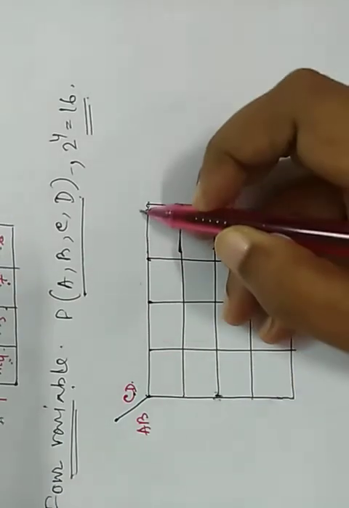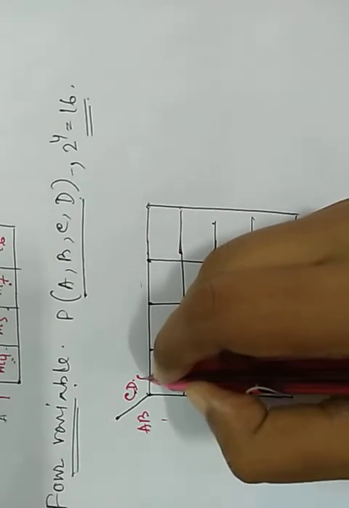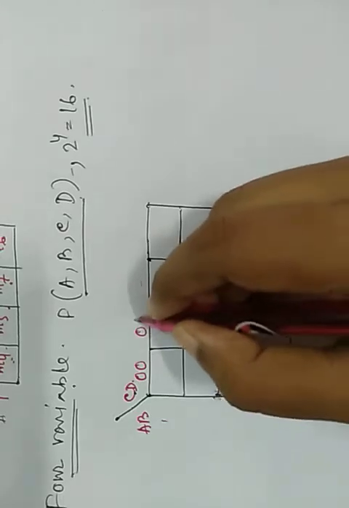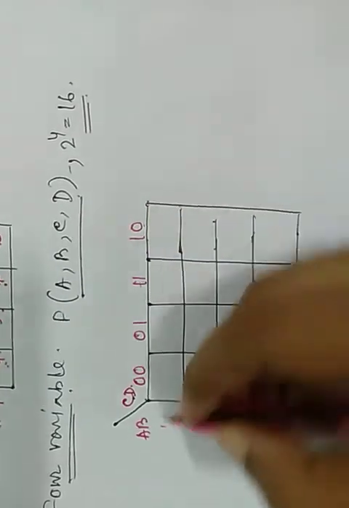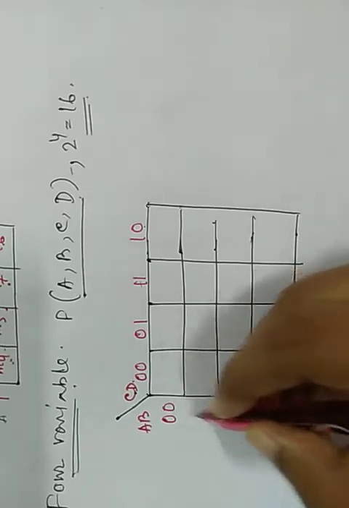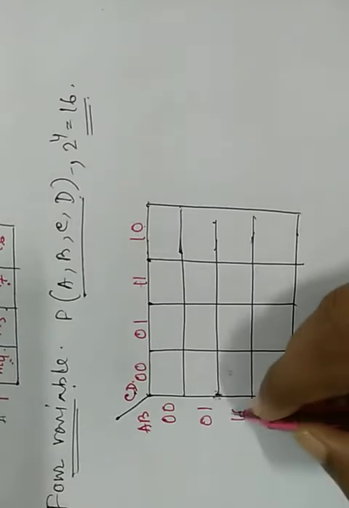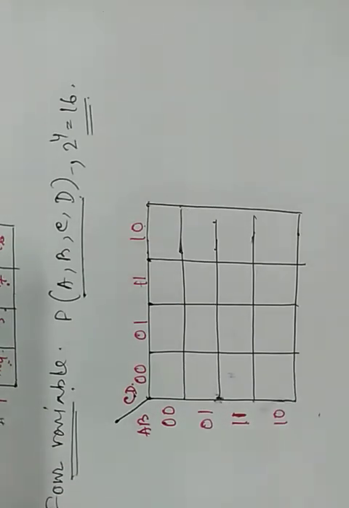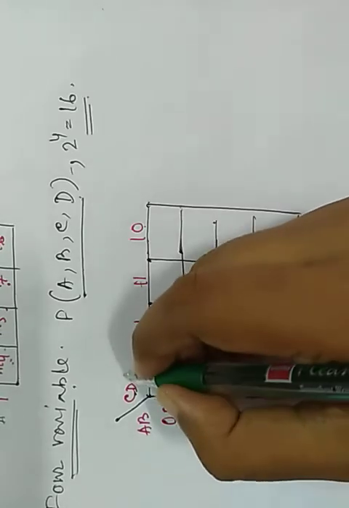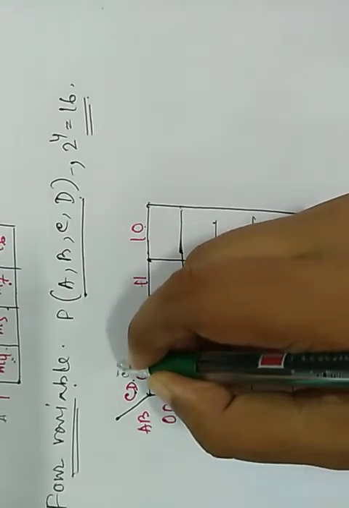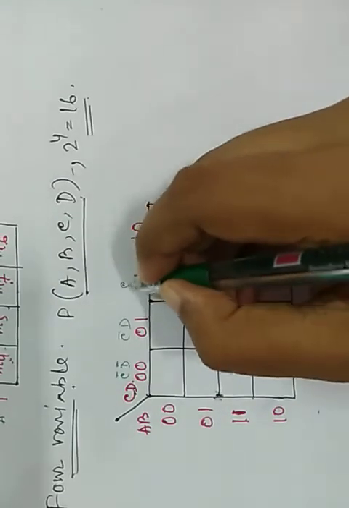For 2 variables the combination should be there, and we know that our combination is 0 0, 0 1, 1 1, 1 0. Here also 0 0, 0 1, 1 1, 1 0. Clear? So 0 0 means here the variables are C D, so it is C bar D bar. 0 1 means C bar D, 1 1 means C D.